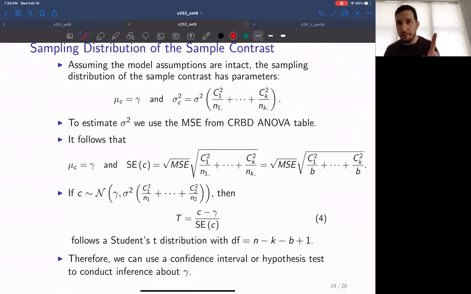The only difference, and it's a very subtle difference, is that the degree of freedom for the test statistic is going to be the DFE from the CRBD because we are following a CRBD. So the degree of freedom that we attach to the T value will be the DFE from the CRBD. But everything else is exactly the same.